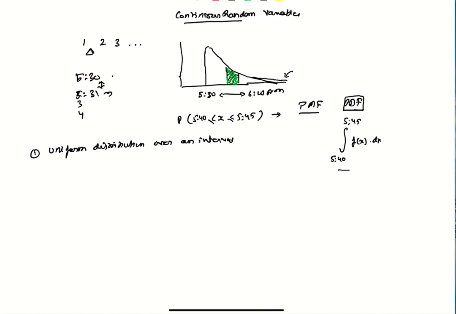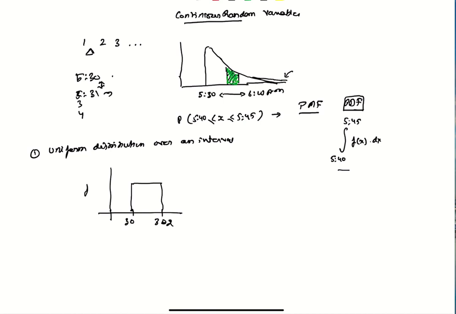Uniform distribution is where there is no preference. For example, say temperature is between 30 and 32, and there is no difference in the probability of it between 30 and 32.